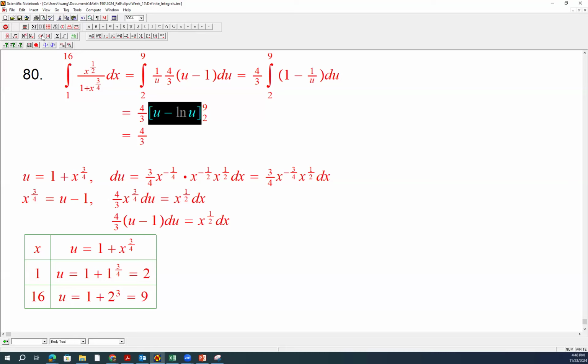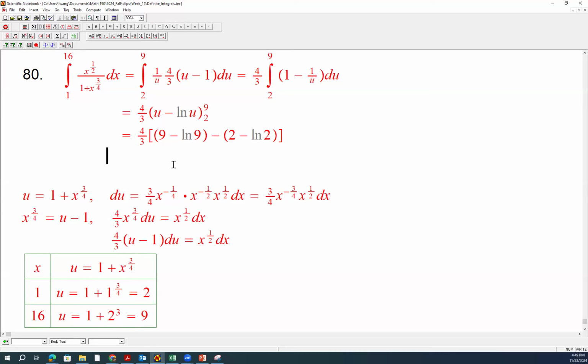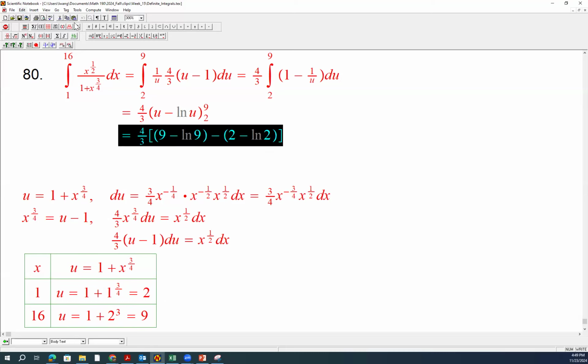Maybe we do these parentheses, too many layers, so here I'm going to use a bracket. In this parentheses, we substitute u by 9, subtract, and substitute u by 2. And then we just simplify the expression.